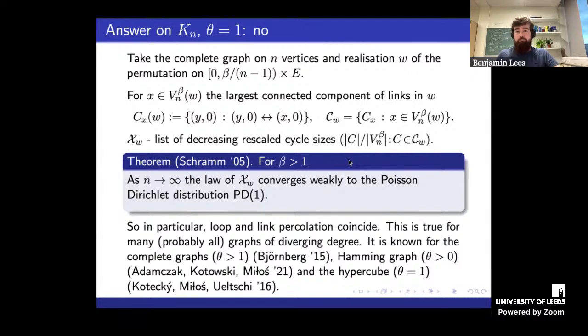There are loops of diverging length. So this is strong evidence, I would say, for this claim that probably all graphs of diverging degree have loop and link percolation coinciding. Although I guess we're not too close to a general proof.